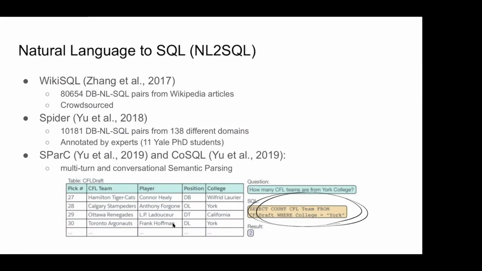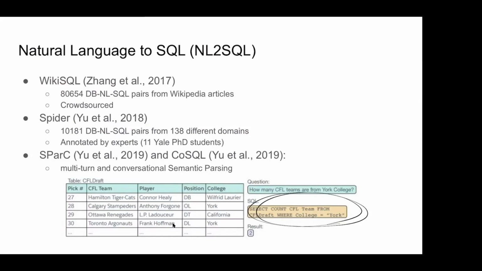And in fact, SQL is probably the most common way to store data. So it makes sense that we want to formulate many problems into natural language to SQL instead of other logical forms. But it was relatively recent that people really delved into the NL to SQL problem.